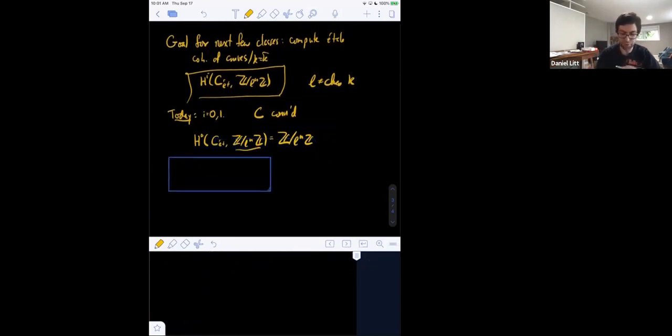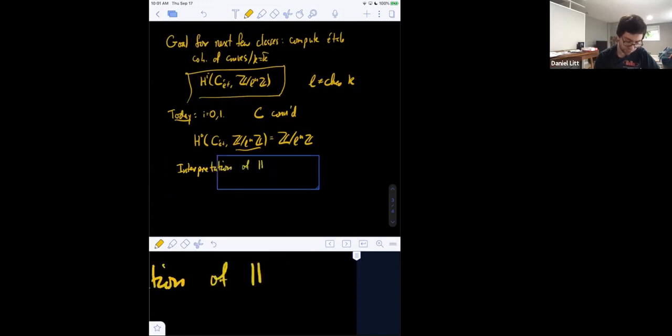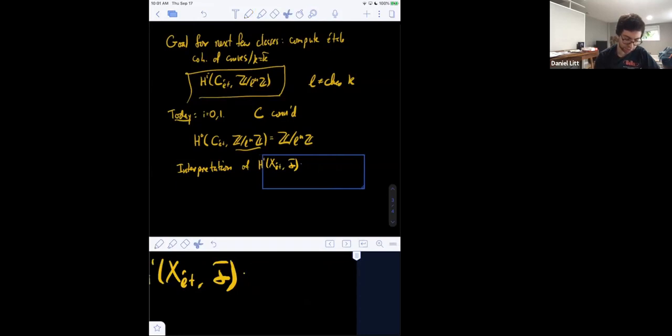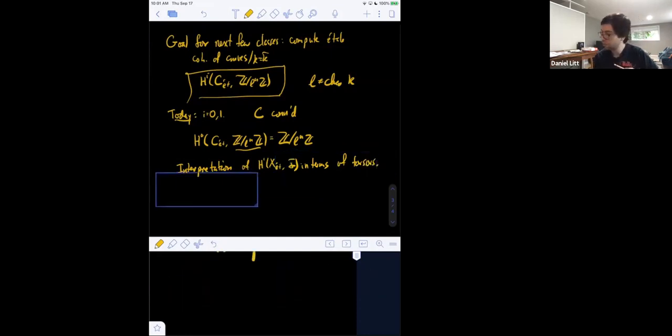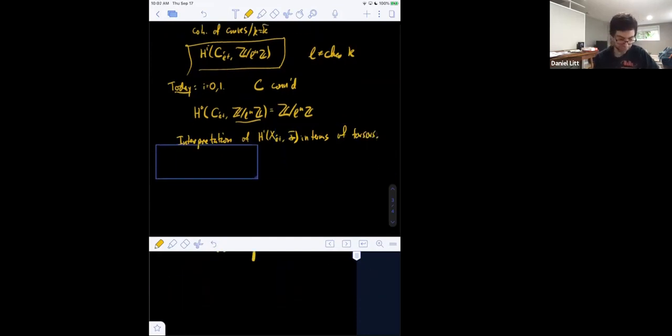So now we're going to try to do H^1. In order to do H^1, I need to give you an interpretation of H^1 of X étale with coefficients in F. That interpretation will be in terms of objects called torsors. Okay, so let me make a definition.